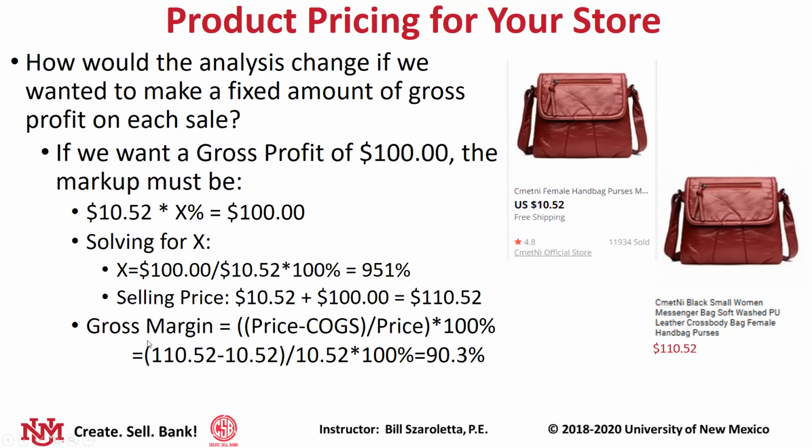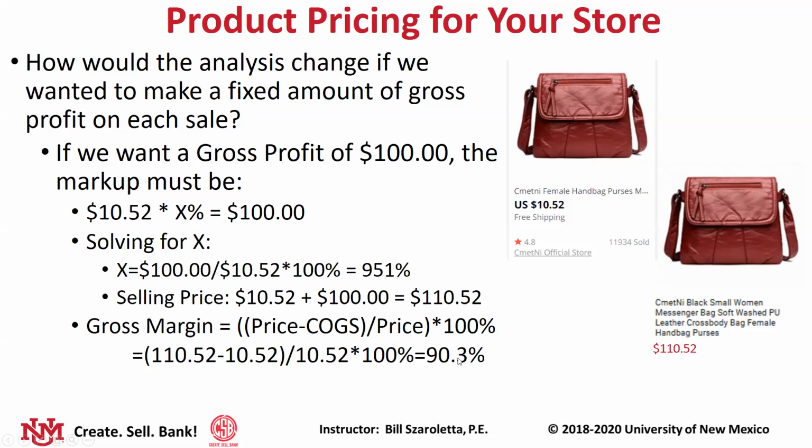And then the gross margin, using the formula of price minus the cost of goods sold, that quantity divided by the price, times 100%, is 90.3%. So that's what you tell to the venture capitalists or the funders. You say, our margins are going to be above 90%.